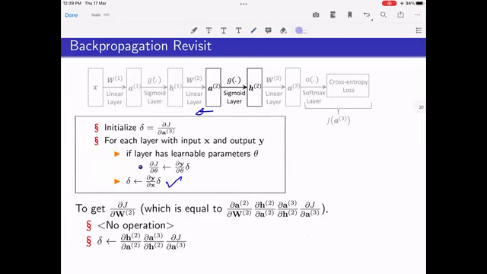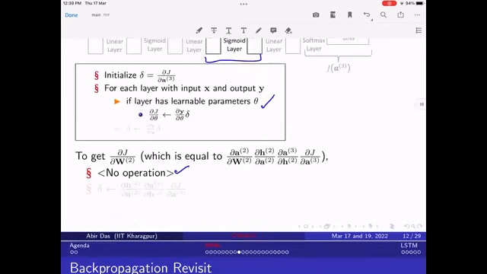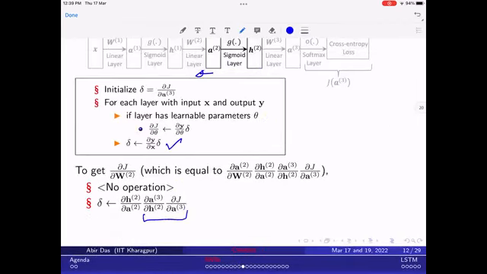It was this, right? So J with respect to A3 and A3 with respect to H2. So this part was your previous delta, and you multiply with the derivative of output with respect to input. So output is H2 and input is A2. So H2 with respect to input, right? That way you proceed.